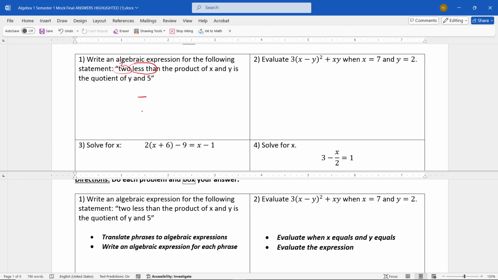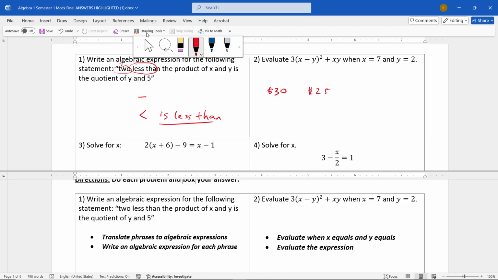"Is less than" is an inequality, but if you just say "less than" by itself, it means subtract. For example, if someone makes $30 per hour and their coworker makes $5 less than them, that would be $25. So in everyday English, the words less than mean to subtract, and that's what it is here.